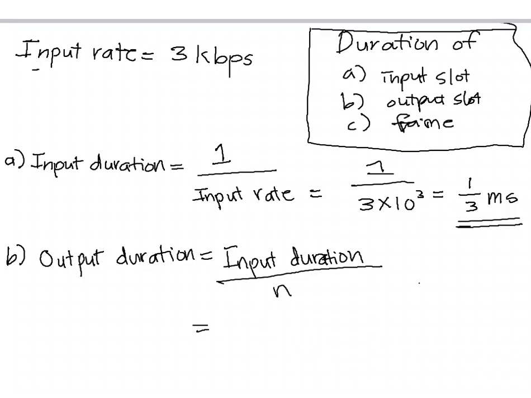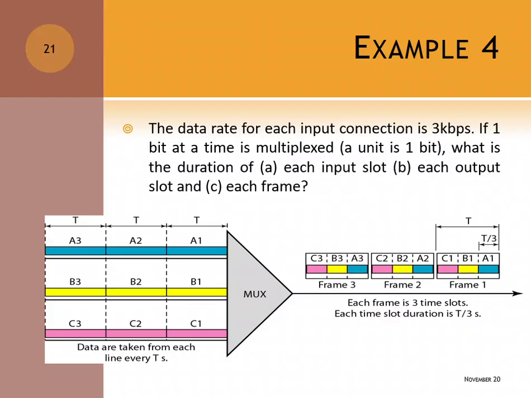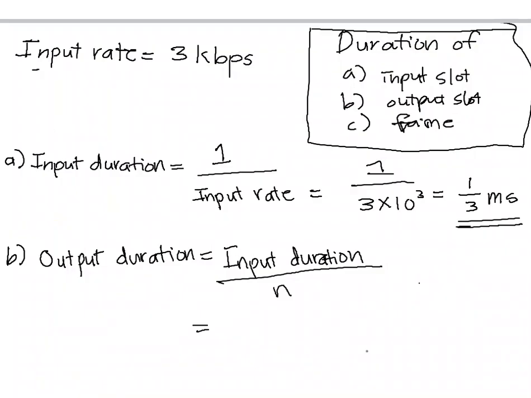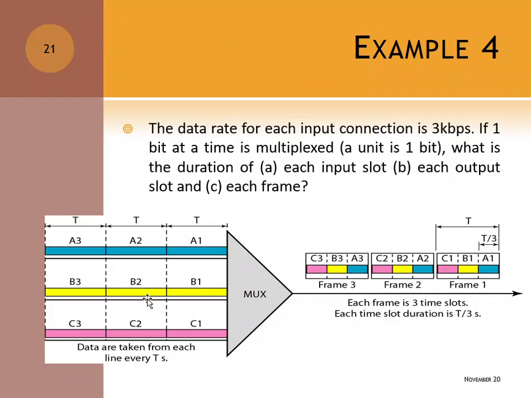Okay, let me show you the figure. Okay, so kalau input duration ni T, output duration dia adalah T divide by 3 untuk case ni sebab kita ada A, B, C. So untuk soalan tadi, okay, we have 3. So T divide by 3.